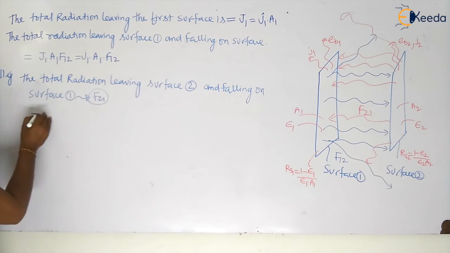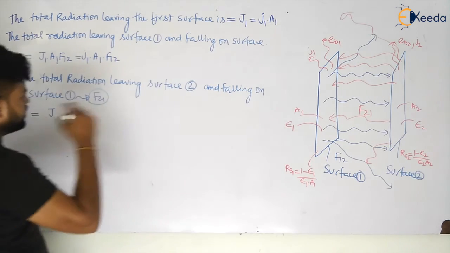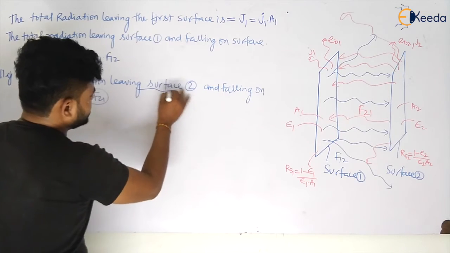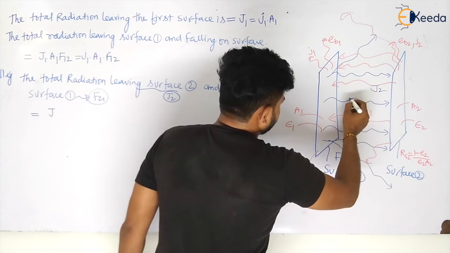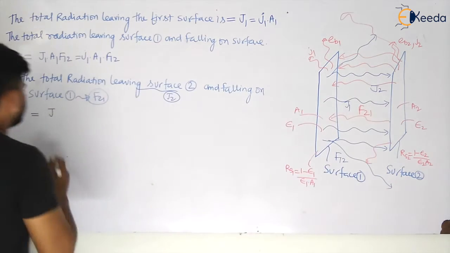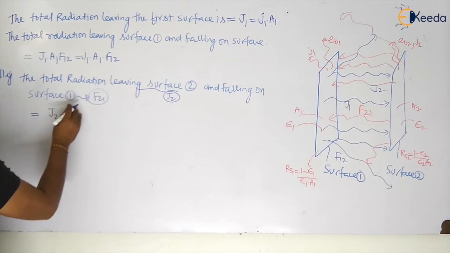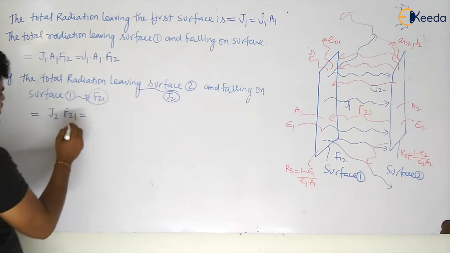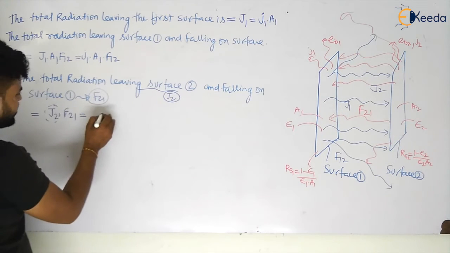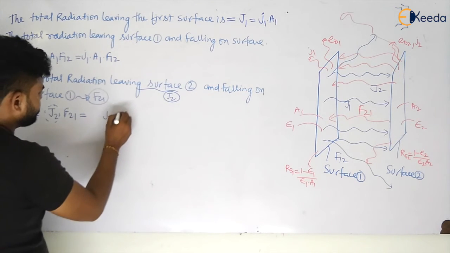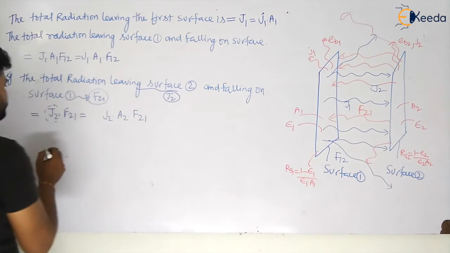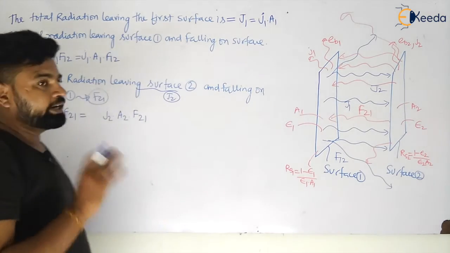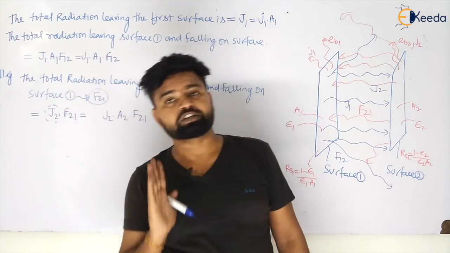The total radiation leaving surface 2 is J2. So this will become J2 into F21, or if you are taking per unit area, small j2 into A2 into F21. So that is the total radiation which is leaving surface 2 and reaching surface 1.